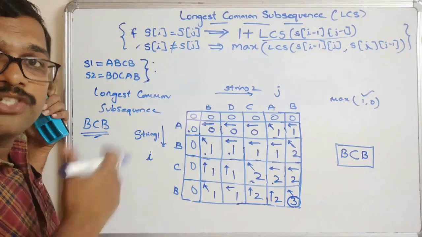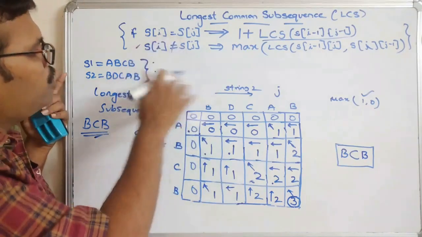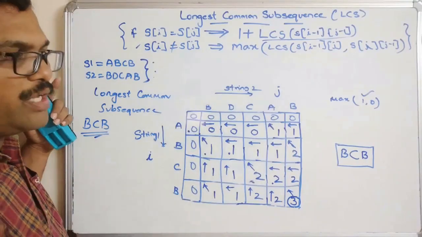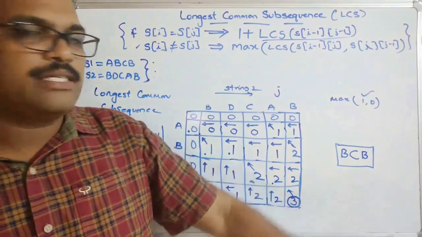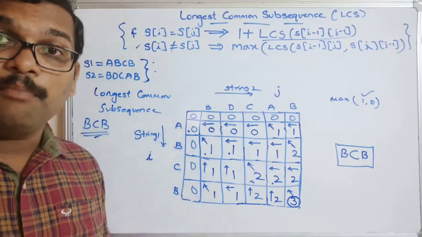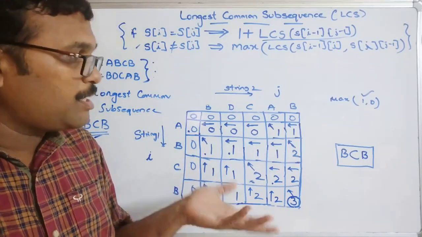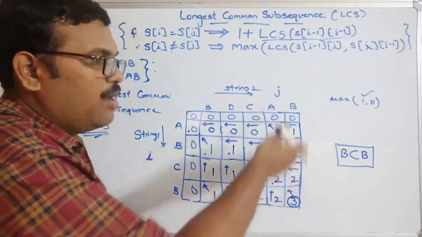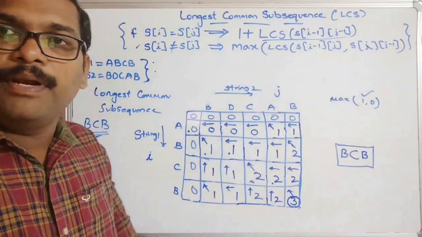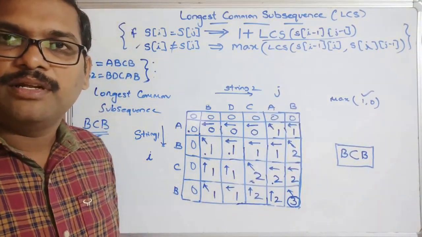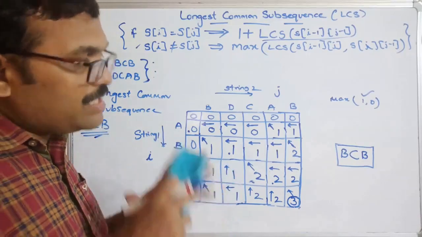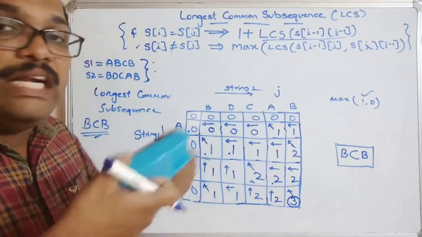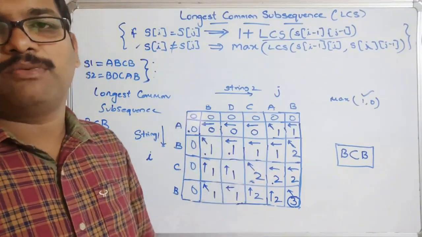You can consider any two strings and try out this particular method, so that definitely you will get the longest common subsequence, and we can get multiple longest common subsequences also. If it has multiple paths, automatically we can get multiple common subsequences. So in our next session we will see such type of strings which can lead to multiple longest common subsequences.